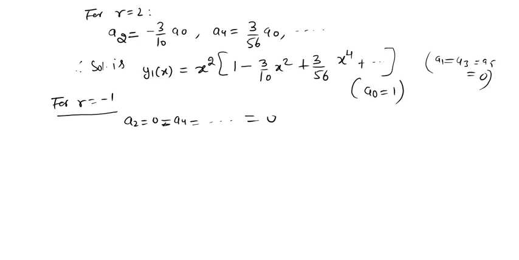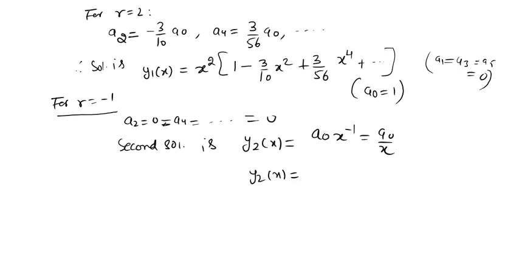So the second solution is y2 of x equal to a0 times x power minus 1, just a constant times x power r, or a0 by x, or without the constant, 1 by x.